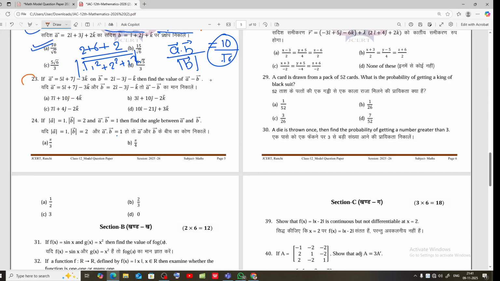Now question number 23. A equals 5 i cap, 7 j cap, minus 3 k cap. B equals 2 i cap, 3 j cap.